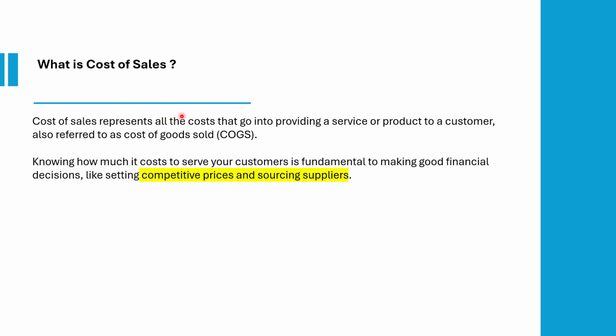And what is hidden is direct cost. Just don't compare any indirect cost related to the selling of the goods. All costs which are directly related to the selling of the goods or services is called cost of sales. We can understand it by an example.